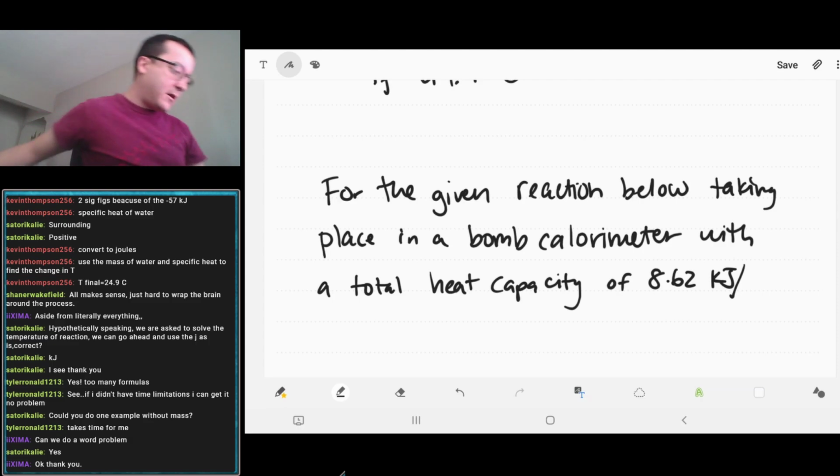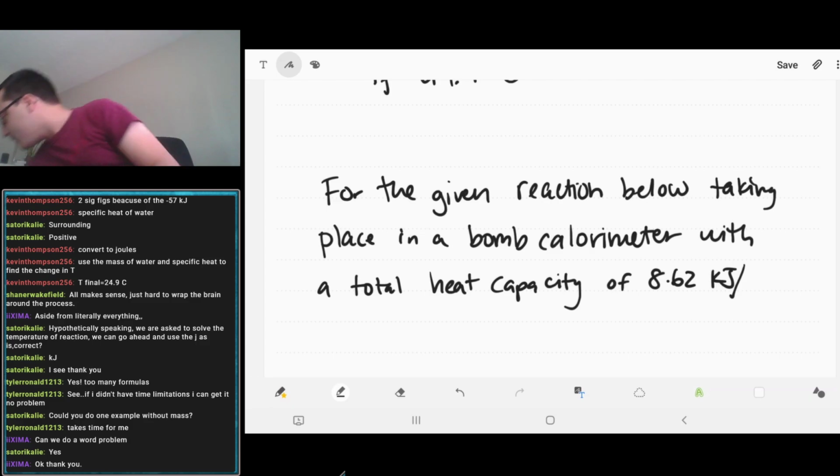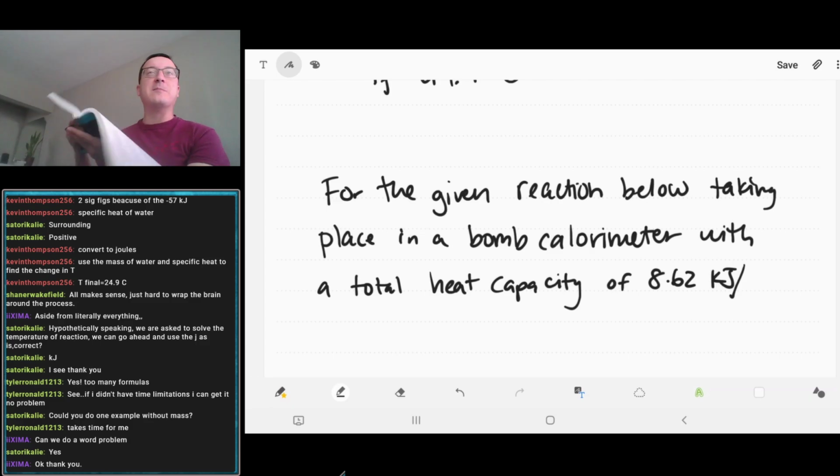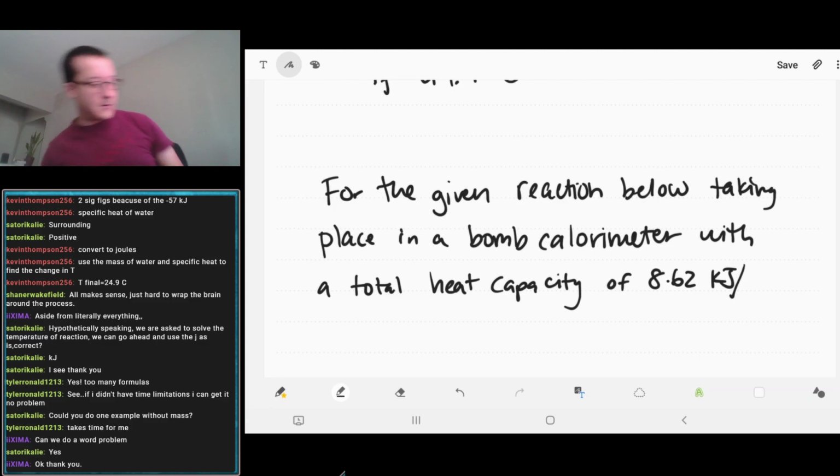Yeah, good enough. Wait, I have to just make sure our units are kind of reasonable. So bomb calorimeters, let's see. Total heat capacity. These are all asking for total heat capacity. Okay, they are given it in kilojoules. That's good.